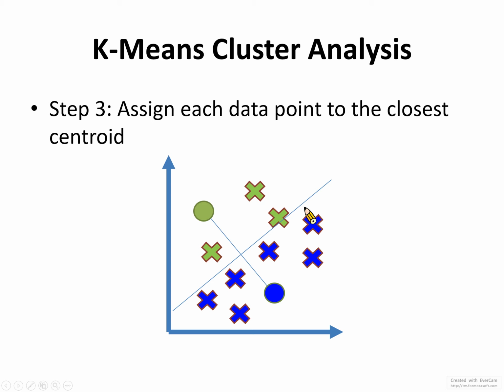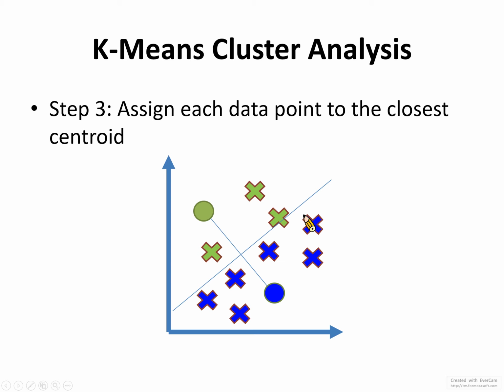So using this method, we can easily identify that these three data points are closer to the green centroid than their distance to the blue centroid. So they belong to the green cluster. And similarly, we can assign these 6 data points to the blue centroid or blue cluster. So this is the result from the initial location of the centroids. But of course, this is not the optimized solution.